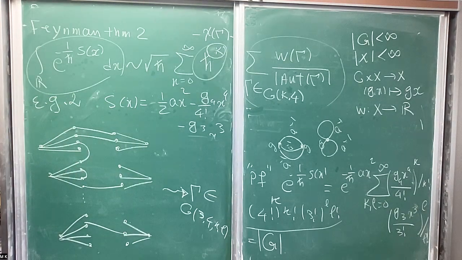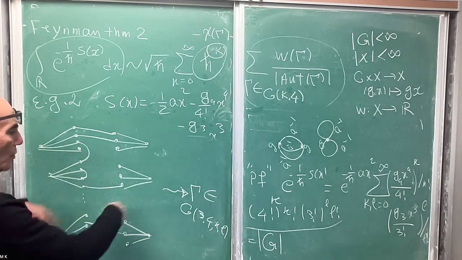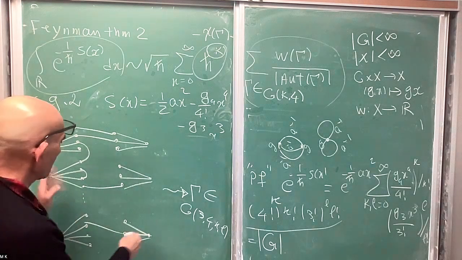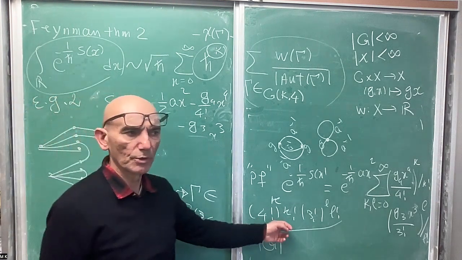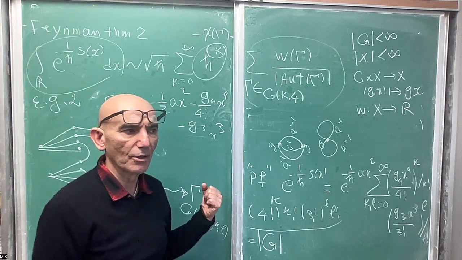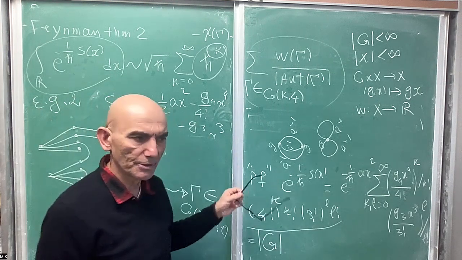And yeah, so the order of the automorphism group of this gadget is exactly this number. So this is really the left-hand side of the orbit summation.